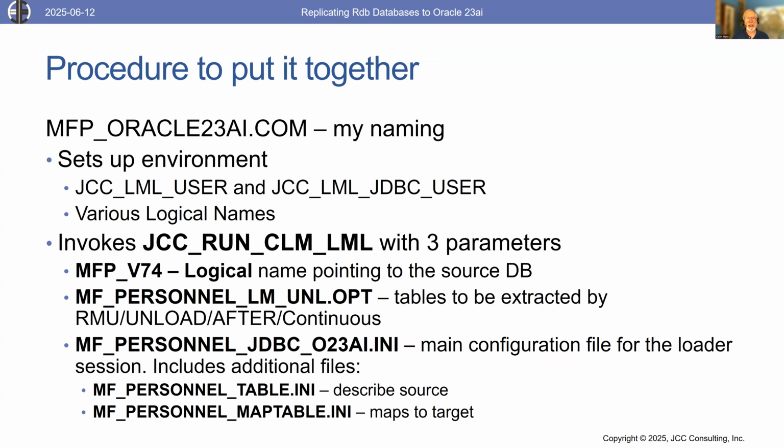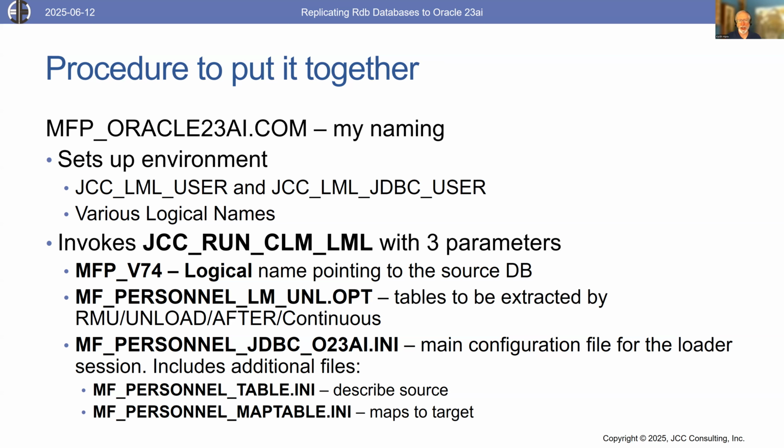It's going to need to do some things like set up the environment with JCC LML user and JCC LML JDBC user, define some logical names, and when it gets done, it invokes the JCC run CLM LML with 3 parameters: a parameter pointing to the database, a parameter pointing to the options file, and a parameter pointing to the main configuration file.